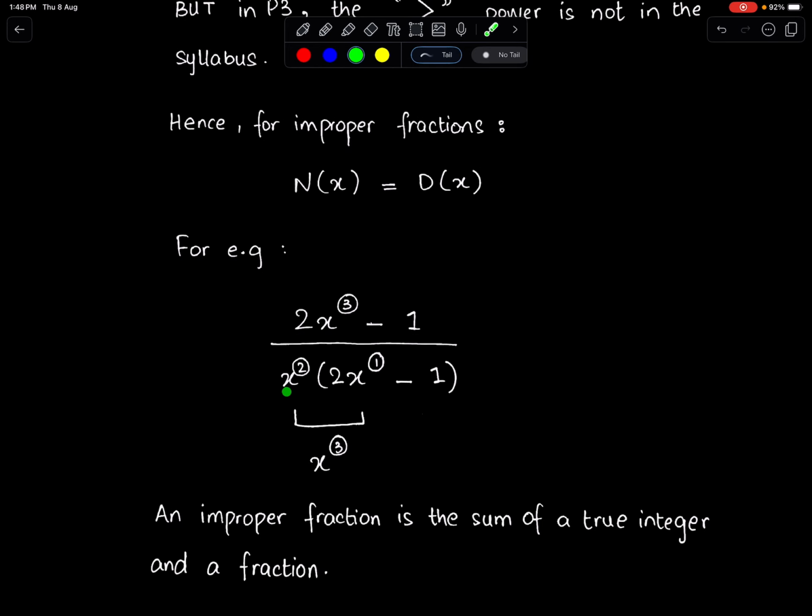See, the highest power of the variable in the denominator is 3. When you multiply these two terms, you will get 2x cubed. And the highest power of the variable in the numerator is also 3. Since both powers are the same in numerator and denominator, therefore this fraction is improper.